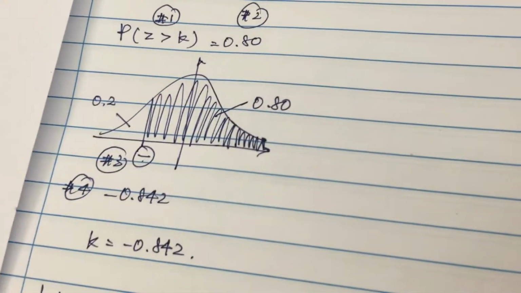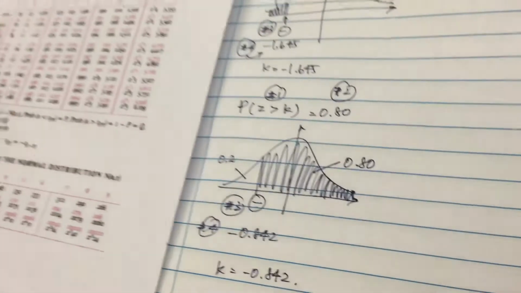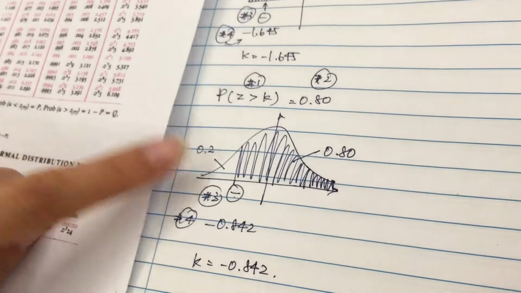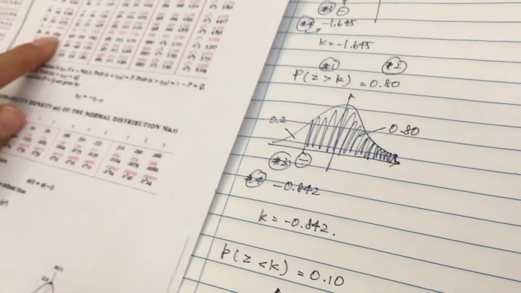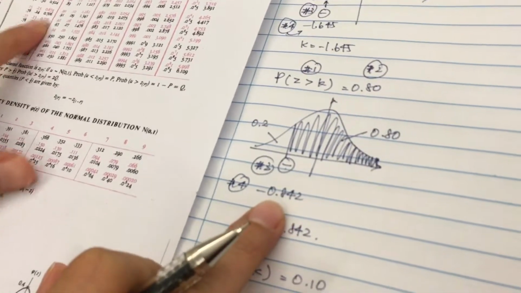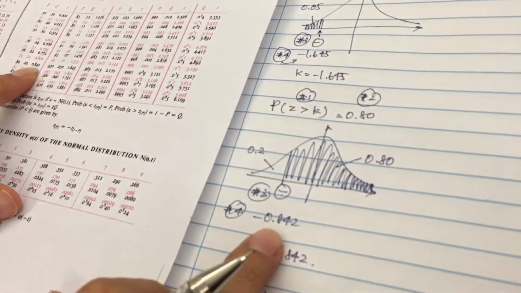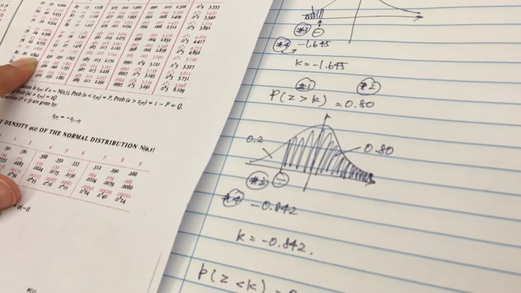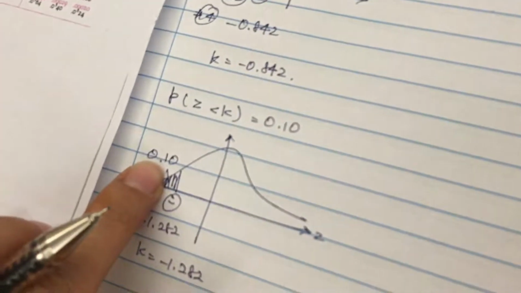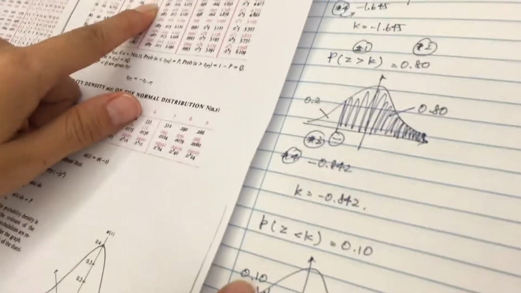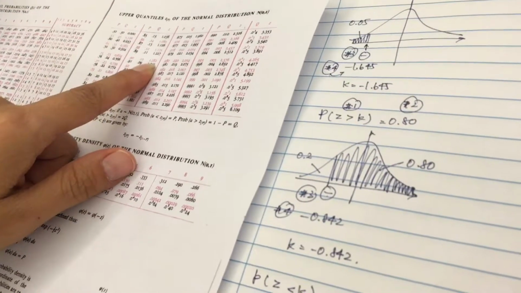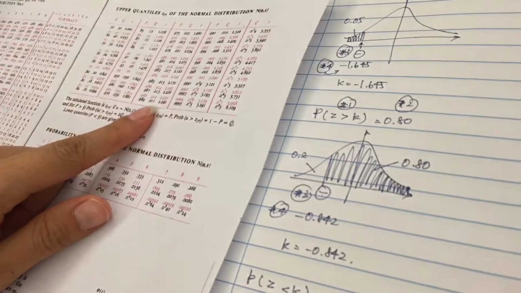There's no 0.8 because the highest is 0.5. So I look for 0.2. Do you see that? 0.2, 0.842. This is a quick one. Then this one is 0.1, and here this is 1.282. See that? This one only applies to nice numbers.